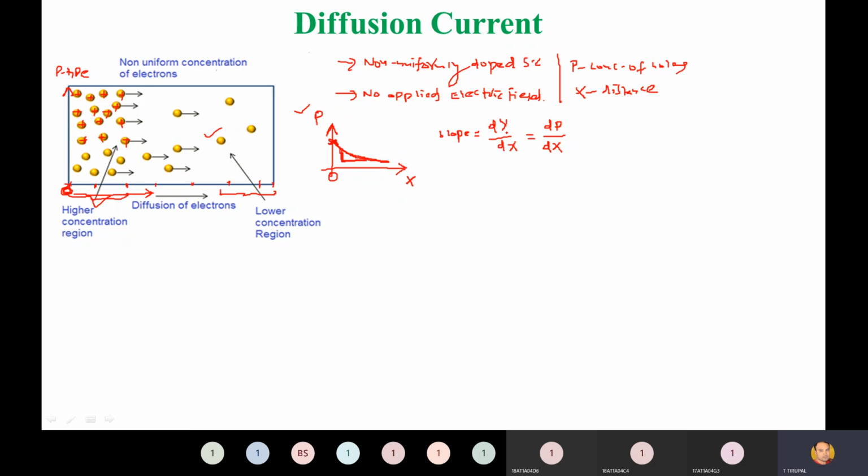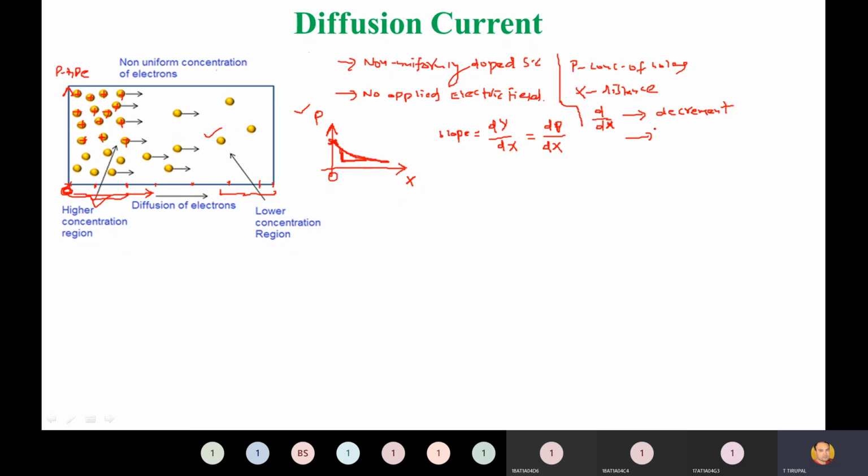What is differentiation here? We are taking d by dx because it's a slope. What is the original meaning of differentiation? Differentiation is nothing but a decrement function. What is decremented here? p, the concentration of holes.